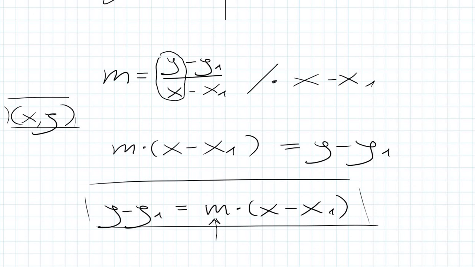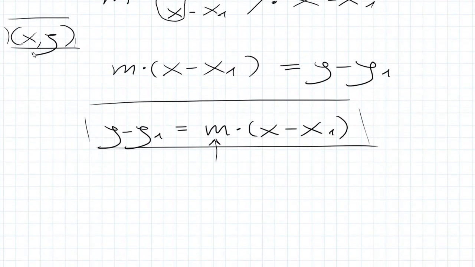How can it be useful? Because once we know m, and we know x1 and y1, since we chose it as a specific point that we know lies on the line, using this equation, we can find at which x, for example, the line will include a point with some height, which corresponds to a y value for that point.